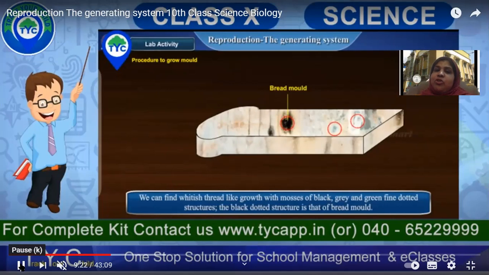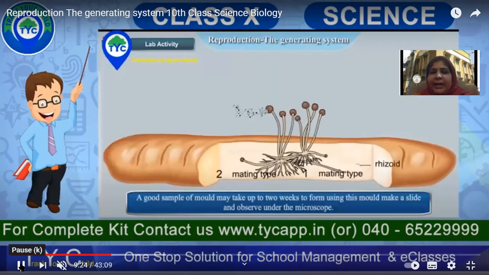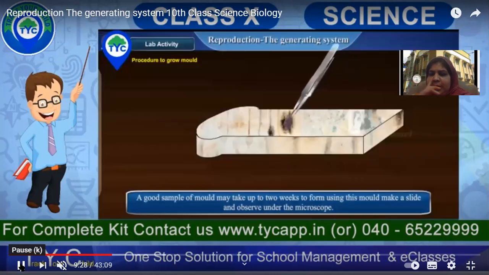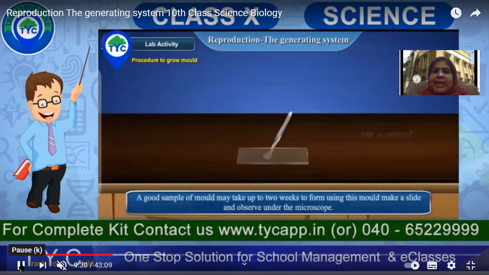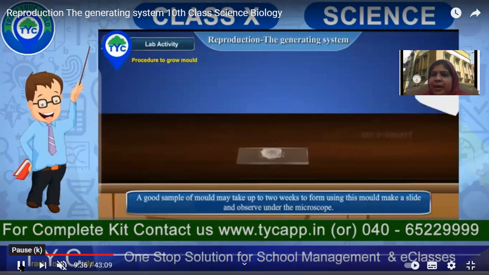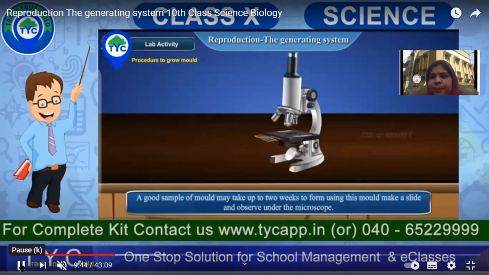So now we are going to observe this mold under a microscope. A good sample of mold you can collect within 2 weeks. Take it, put it on a slide, add a drop of water, cover it with a cover slip, then take a tissue paper and clean all the surroundings, press the cover slip properly, and observe it under the microscope.